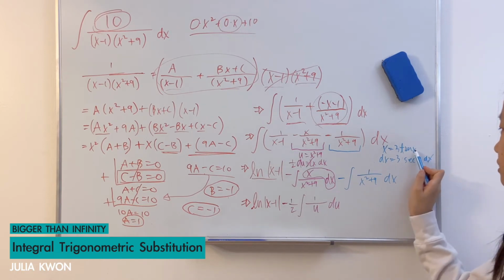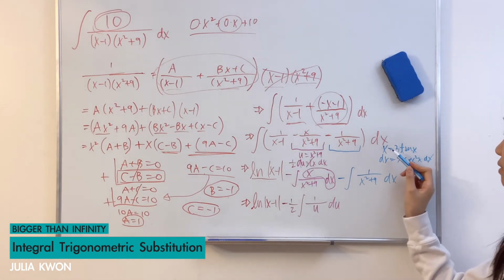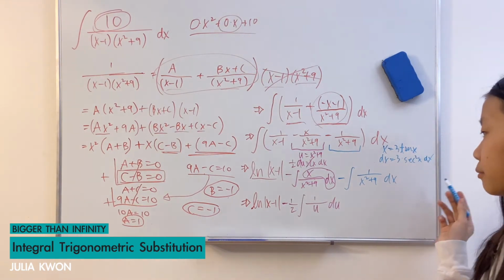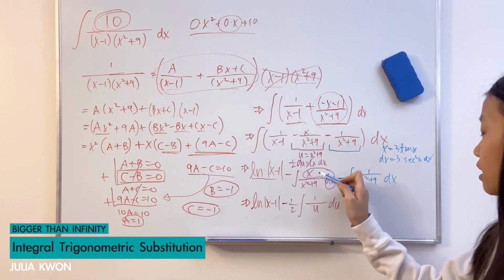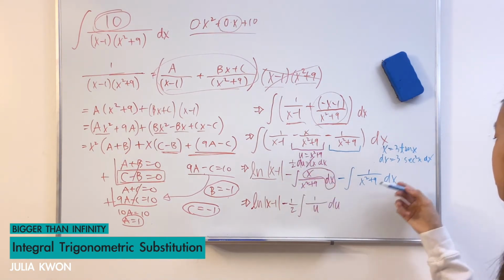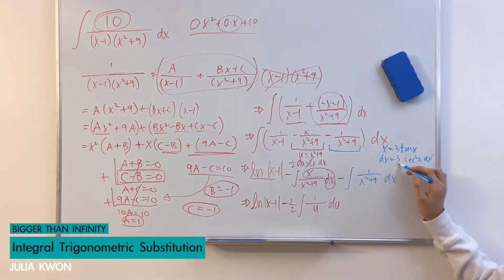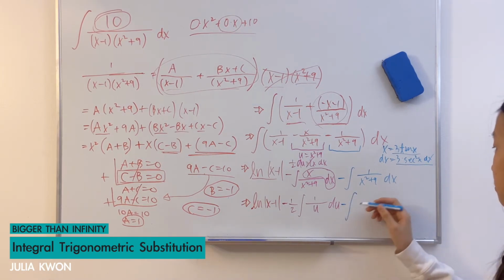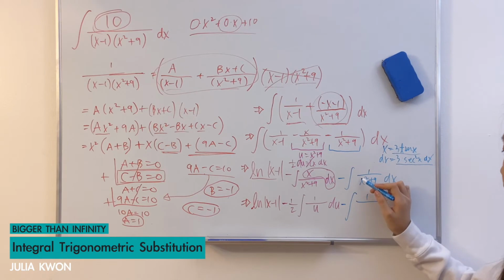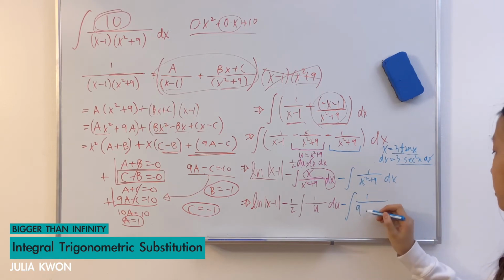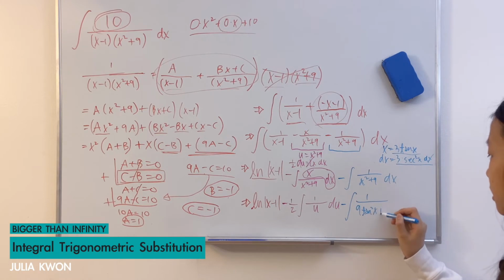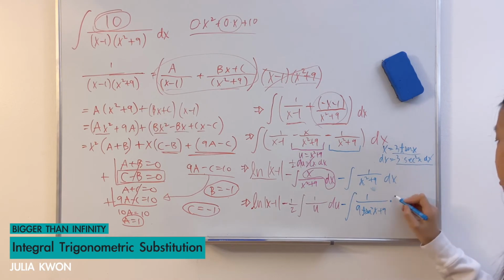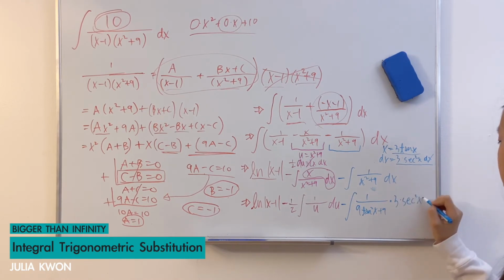I know that since we're using x for the variable on both sides, it's kind of confusing, but we can't change it because we're using x for the rest of the values. So we'll replace the dx with this and the x with 3 times tangent x. We have x squared, which will be 9 times tangent squared x, plus 9, times dx, which is 3 times secant squared x dx.